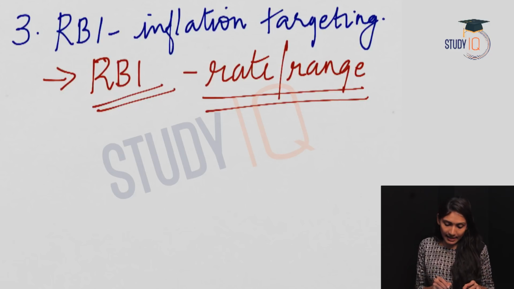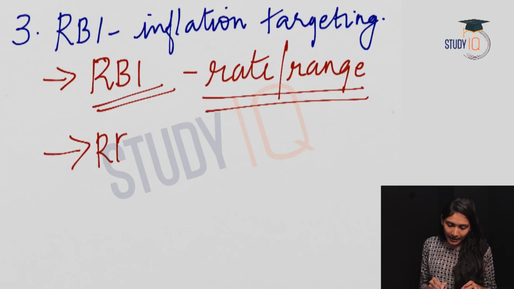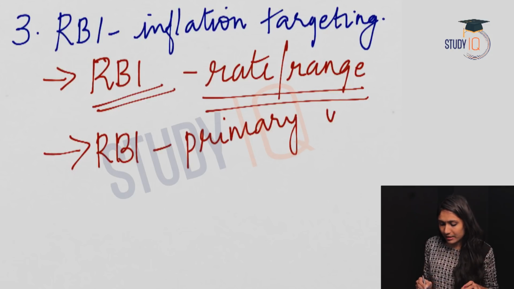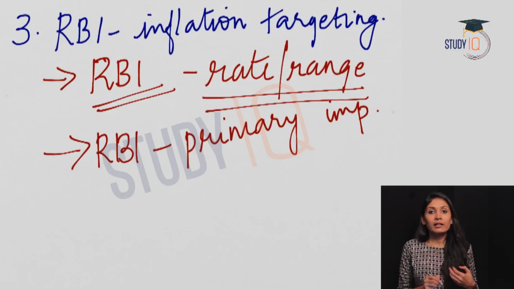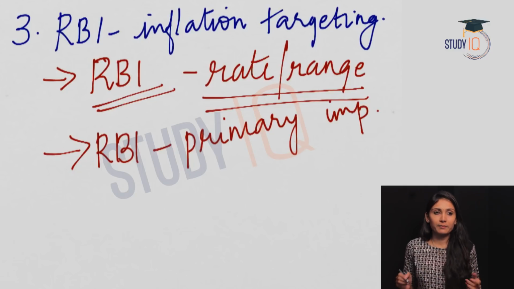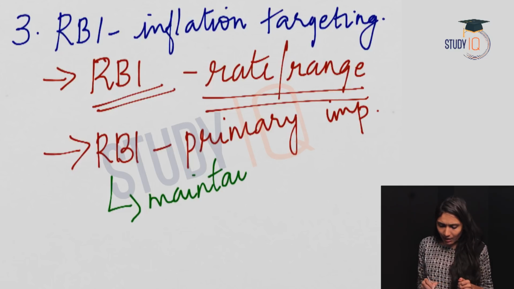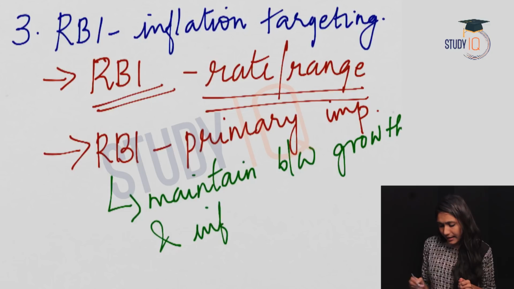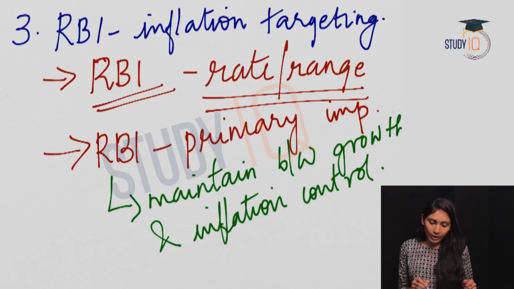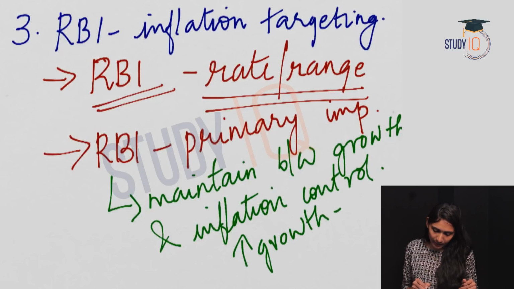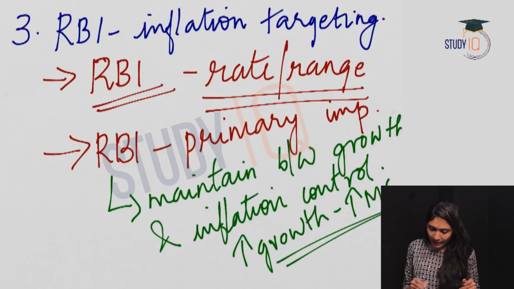It also means that the central bank or the RBI must give primary importance to the control of inflation. So, the primary focus must be on controlling inflation in the economy. The focus of any central bank would be to maintain a balance between growth and inflation control. In order to increase growth in the economy, the money supply should increase.